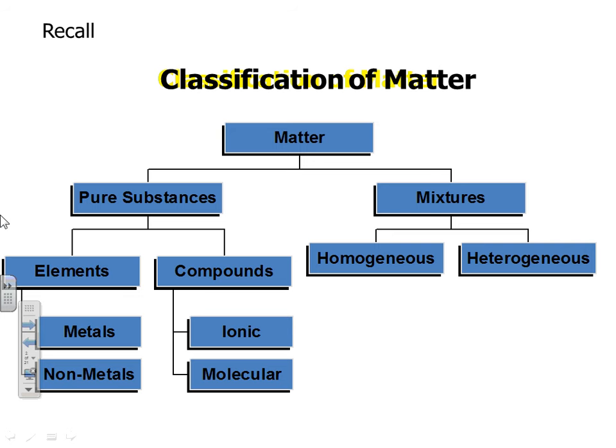We talked about the periodic table and how we break it down. We talked about atoms and how we can determine the number of electrons in the outer shell and all that good stuff. And that's going to become very important. So now, part 2, we want to talk about compounds. Compounds can come in 2 forms, ionic and molecular.